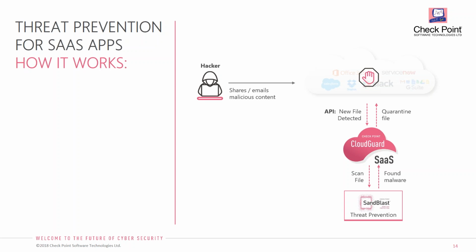Sandblast will then give us a verdict on the file. If the file is found to be malicious, then obviously we can take some sort of action, maybe quarantine. And again, the decision there really is down to what that cloud provider allows us to do, and also your decision as an administrator.